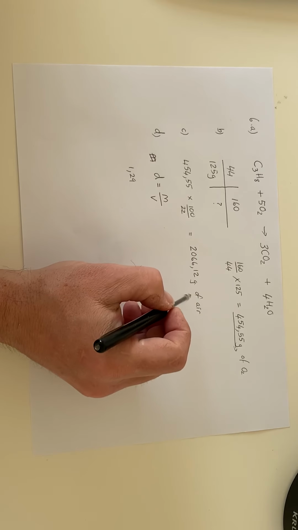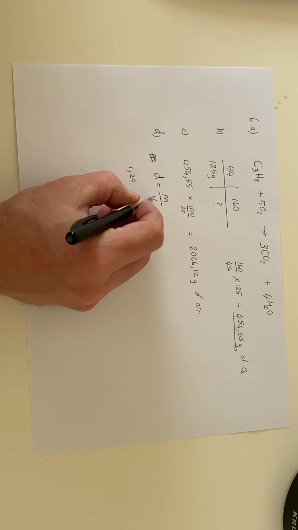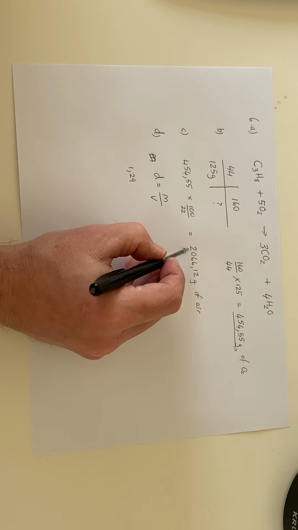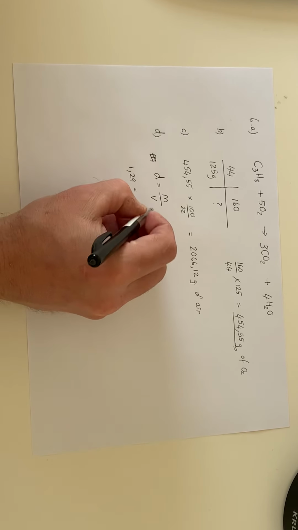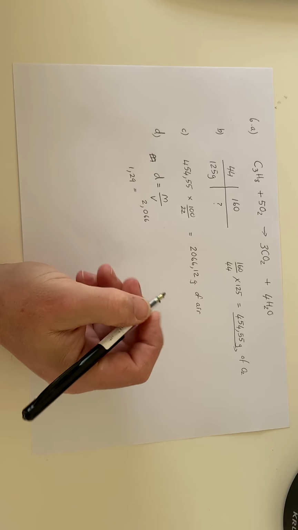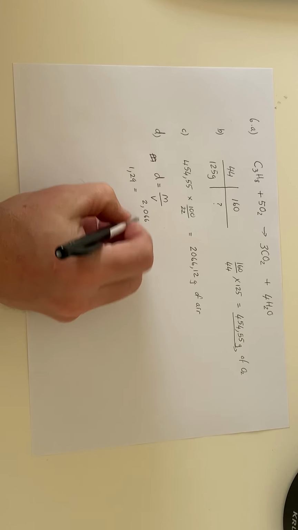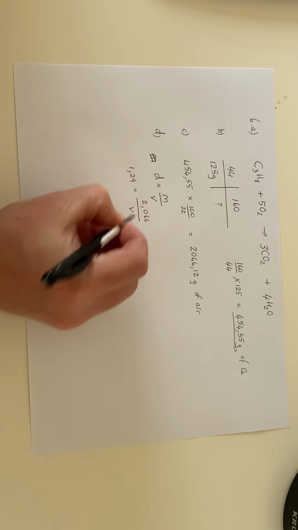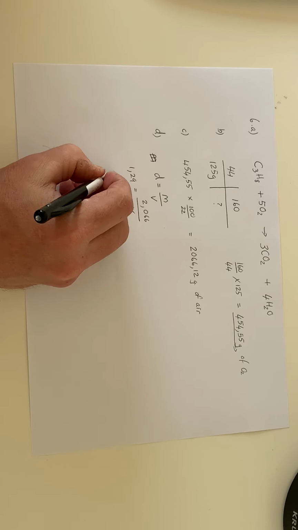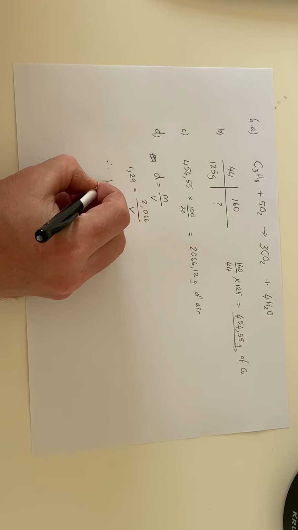So now let's have a look at what volume we've ended up with. I'm in grams, so I'm going to make this into kilograms, so it's going to be 2,066 roughly, and that gives me my volume. Okay, so therefore we do a bit of maths.